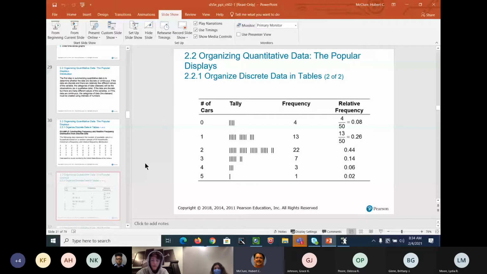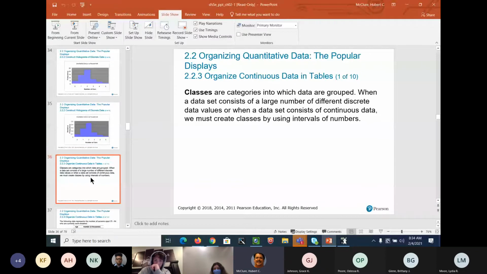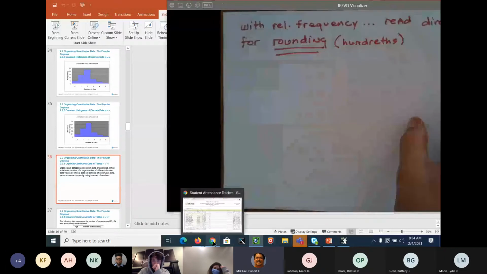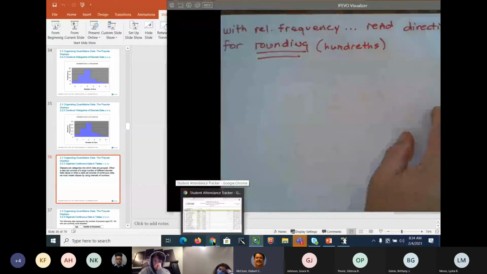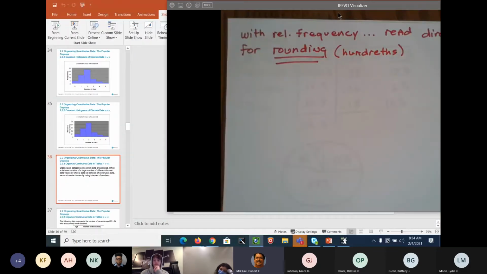Okay, now 2.2, this is what I want to get to today. What we did in 2.1 was qualitative data. So in 2.1, we went over qualitative data. Go ahead and write that down. 2.1, we went over qualitative data. Now we're going to go over quantitative.